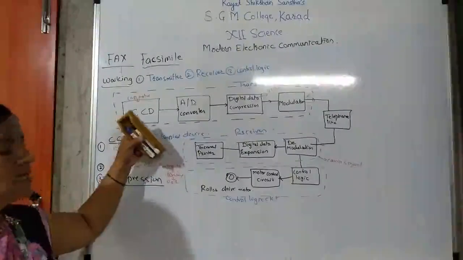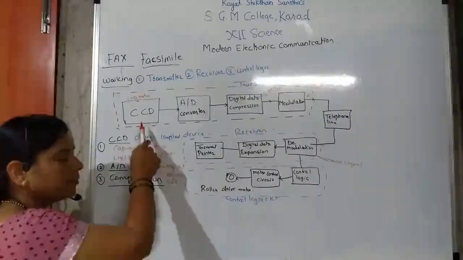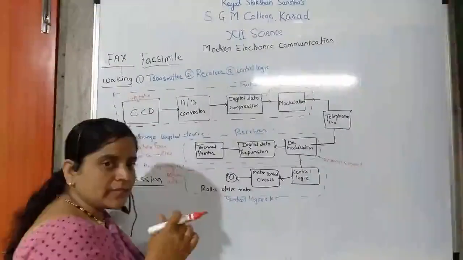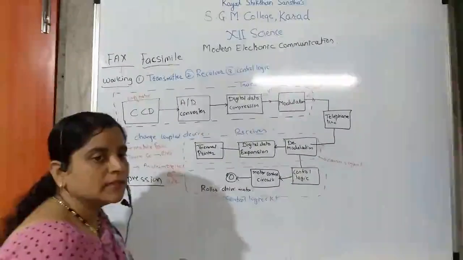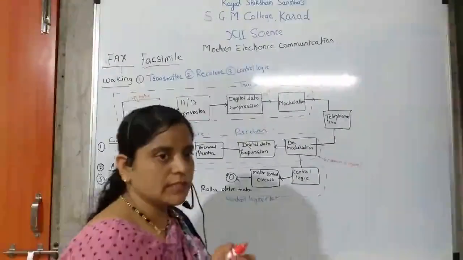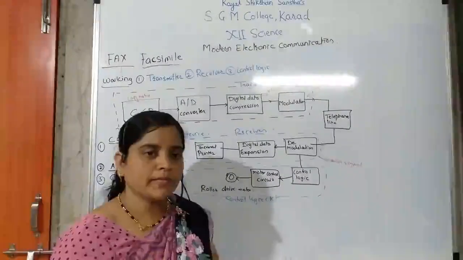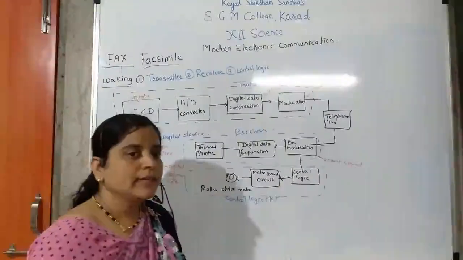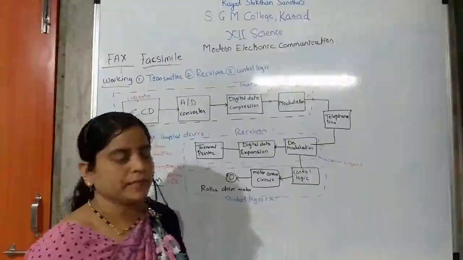CCD means charge coupled device. Here, a large number of capacitors are used and all the capacitors are in matrix form. This CCD is a concept where capacitors are connected in matrix form on a silicon chip device.